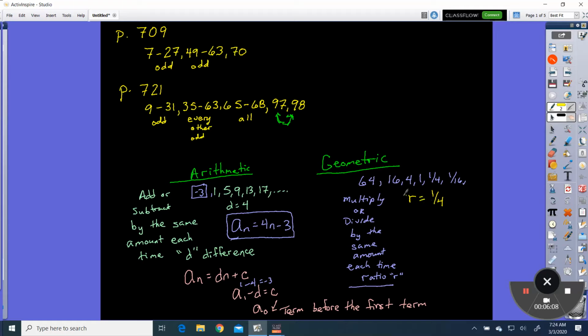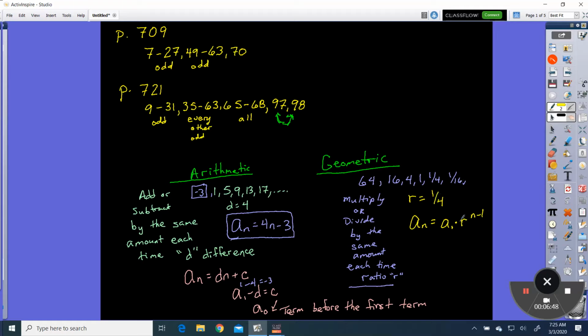Geometric, it's easier to find the formula for it if you know the first term and the R. It's pretty straightforward. AN equals A1 times R to the N minus 1. And it's N minus 1 because the first term you haven't multiplied by that 1/4 yet.